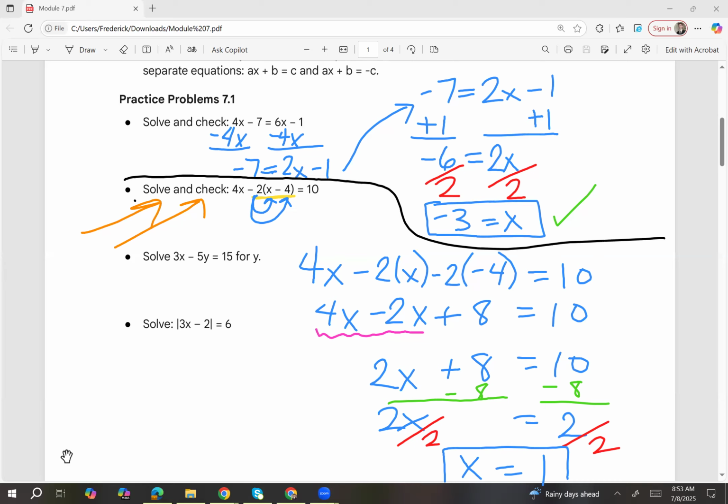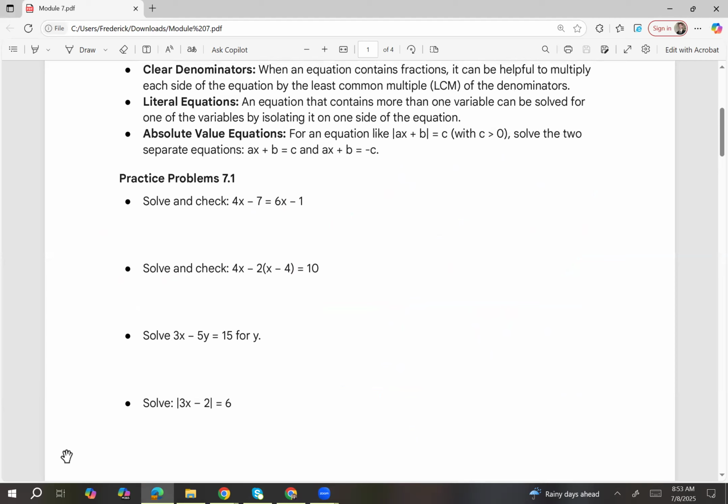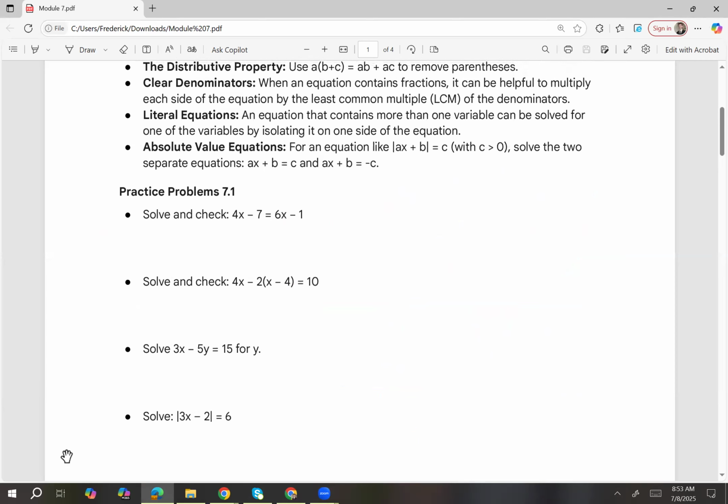So I'm just going to take away what we had from those previous 2 examples and take you back up to our summary of different things we might see related to solving equations, and highlight the fact that we're now looking at what's known as a literal equation. When we're asked to solve for one variable and there are more than one in the equation, that's that literal equation idea. So let's take a look at this.